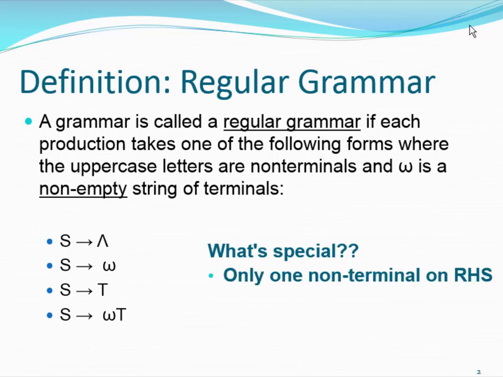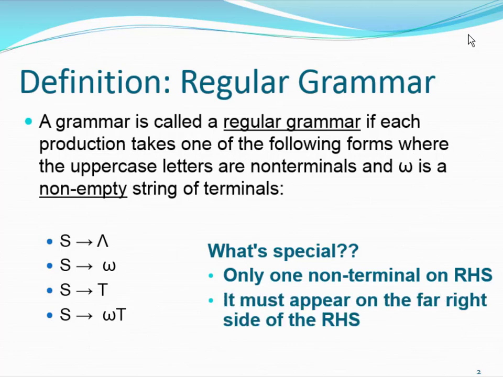To summarize, we only ever have one non-terminal on the right-hand side, and if there are any terminals in there, the non-terminal has to be in the rightmost place, the far right of the right-hand side.